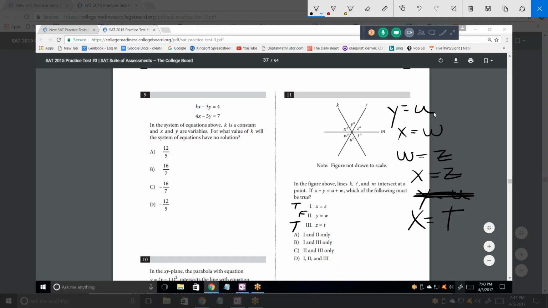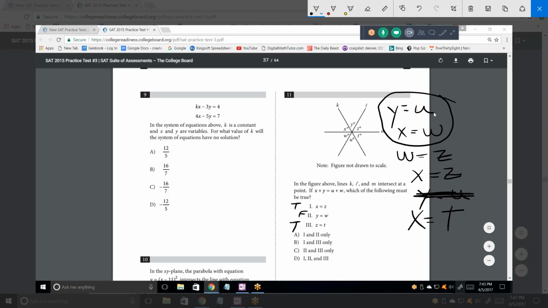So I'm trying to figure out how we can prove that Y is not equal to W. Well, if Y was equal to W, then X would be equal to U. But X plus Y equals U plus W. Except we got all of these.